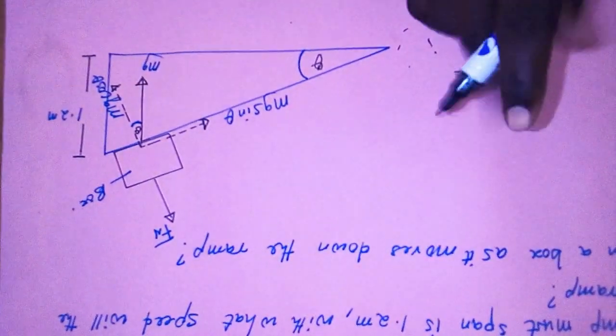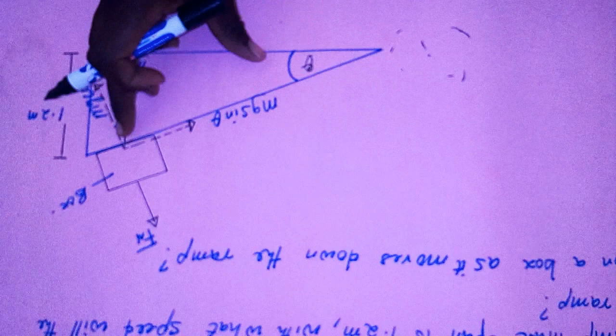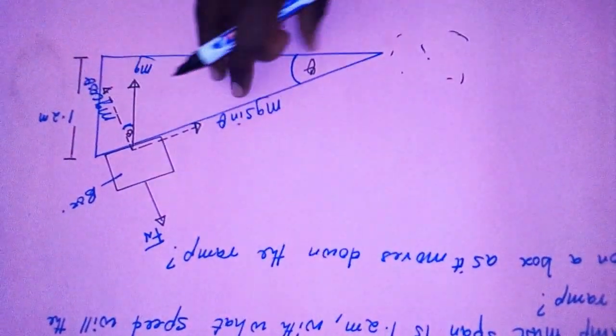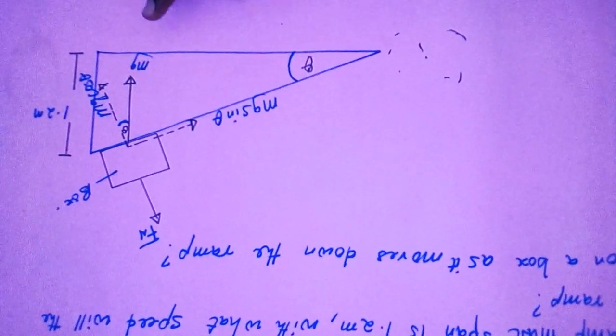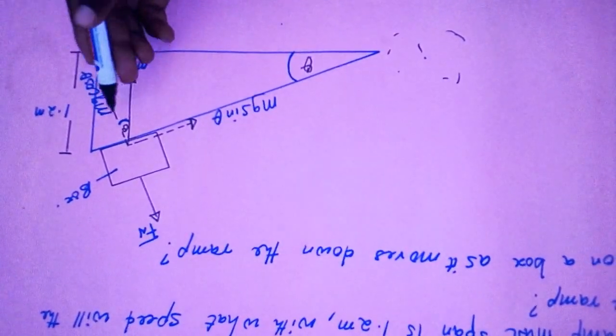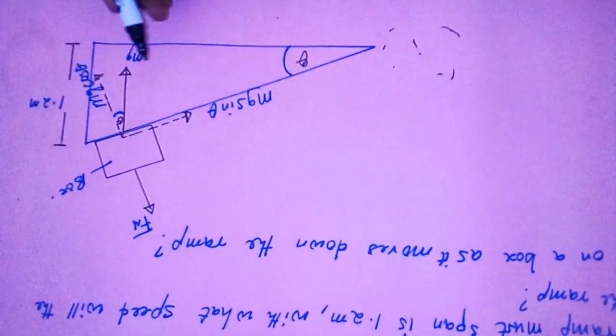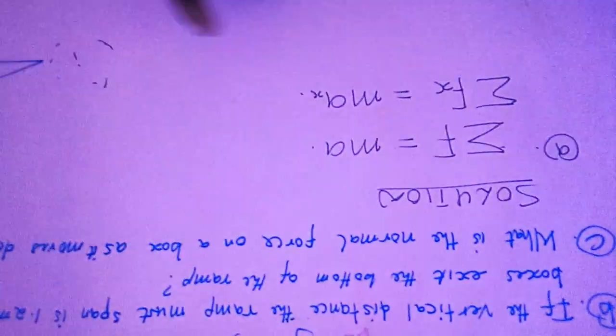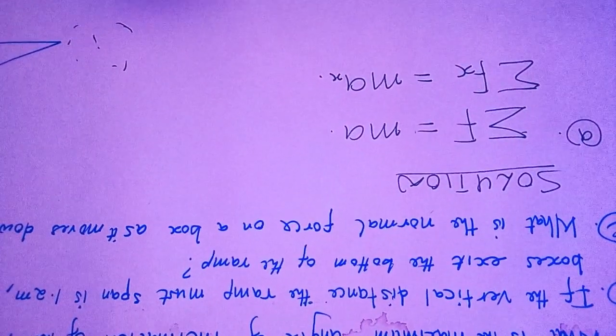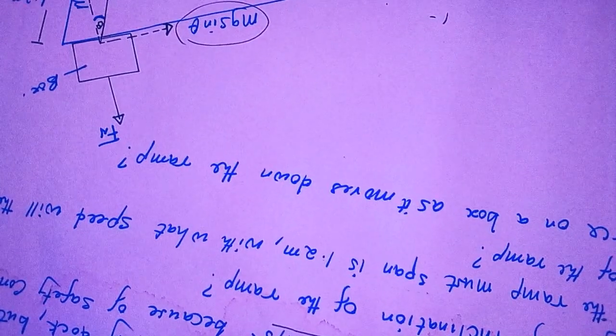Or this acceleration that we've been given, 2.5, is just the same as the acceleration in the x, because in the y, or in the vertical, it's not going to have any acceleration. The acceleration is 0 in the vertical. So the force acting in the x direction is just the x component of the weight.